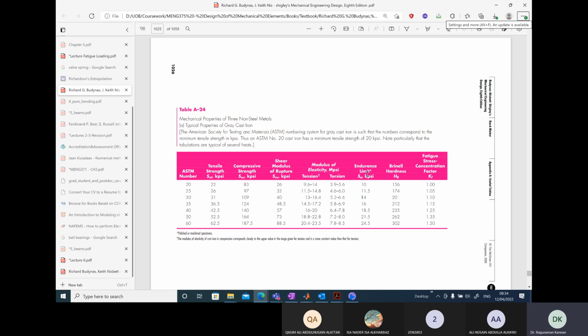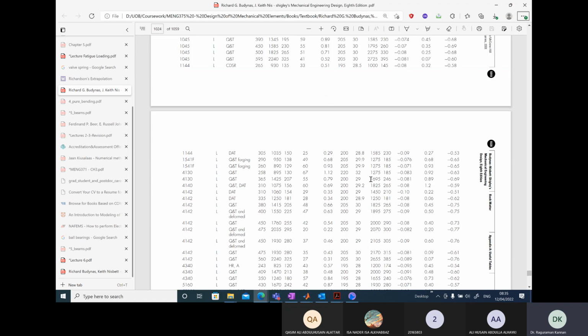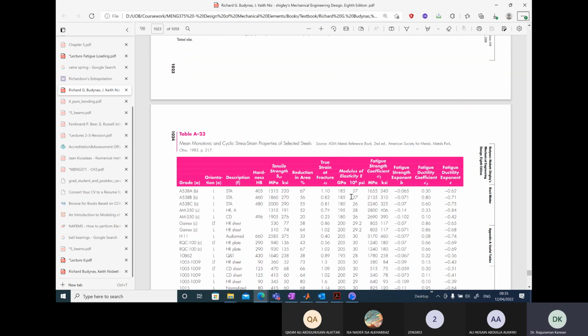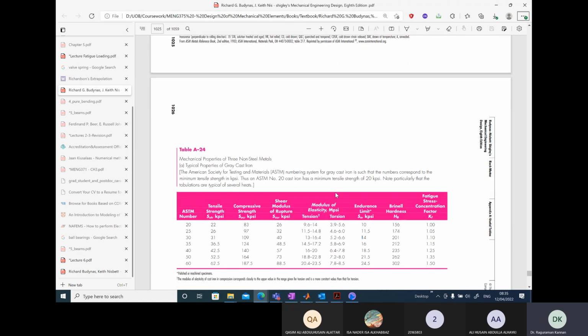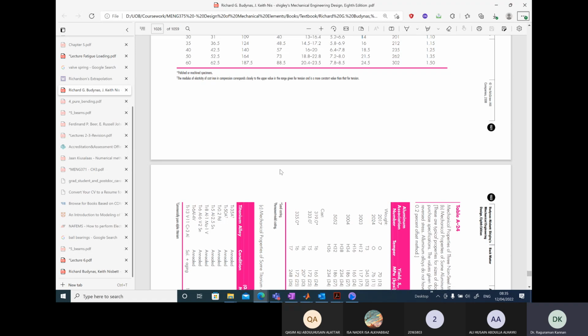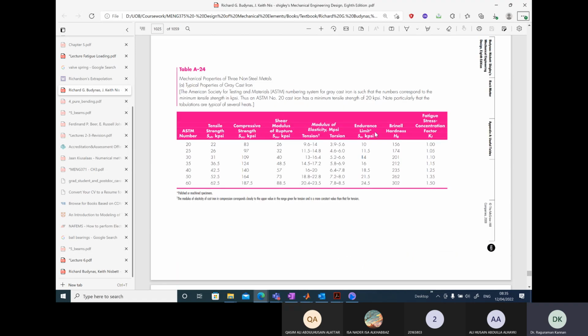The endurance limit here is given for a polished machine specimen. It is not explicitly given what kind of Se values are given here. Let's see. It doesn't state specifically what kind of Se values are given here.